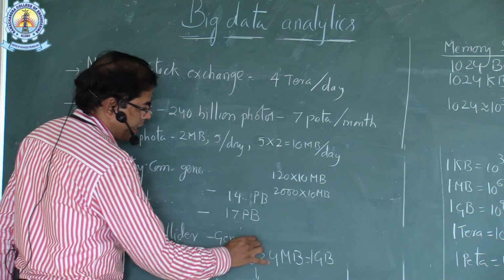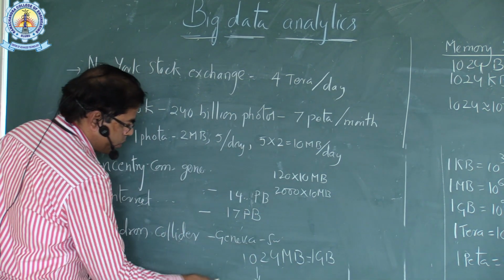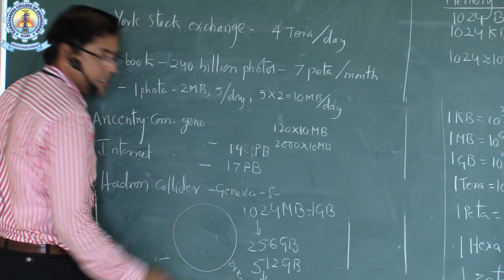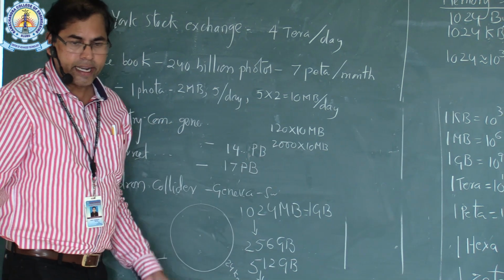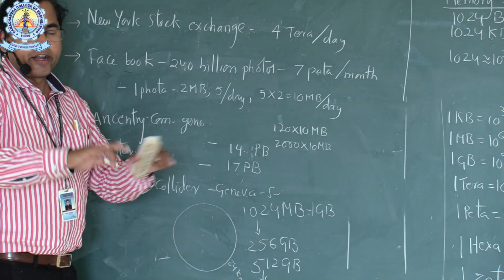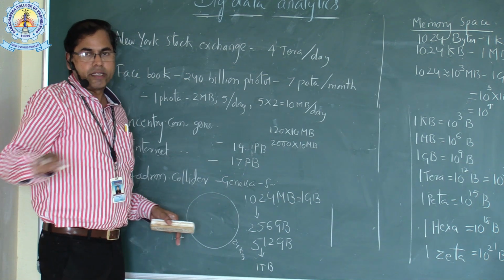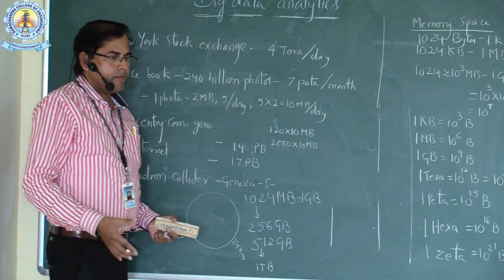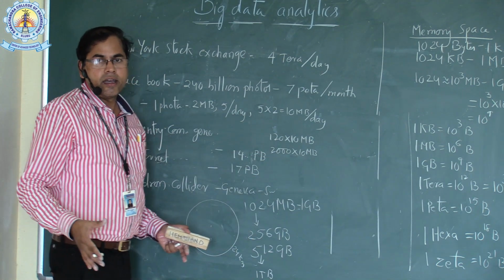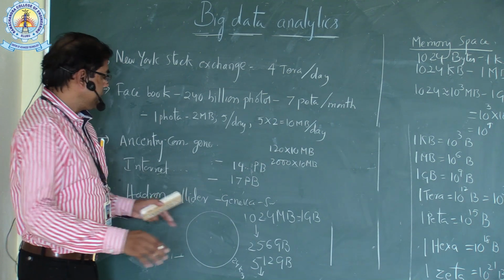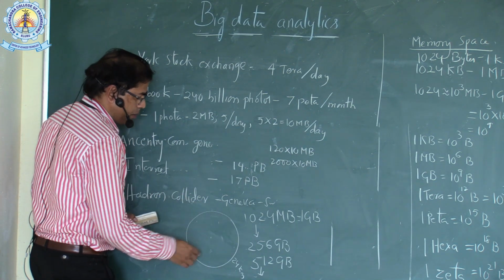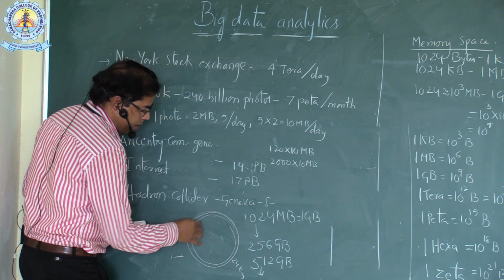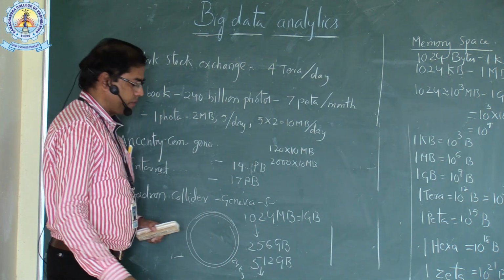It is a huge collider whose circumference is almost 24 kilometers, dug just below 100 meters from the earth's surface. That means it is a very huge circular tunnel. This tunnel's circumference is 24 kilometers, just below 100 meters below the earth's surface.